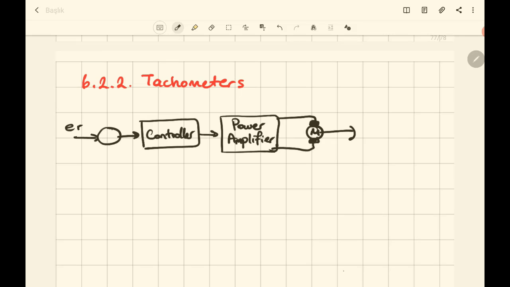Maybe we have a load, and then it is also connected to a tachometer. In control theory it can also be called a tacho generator.